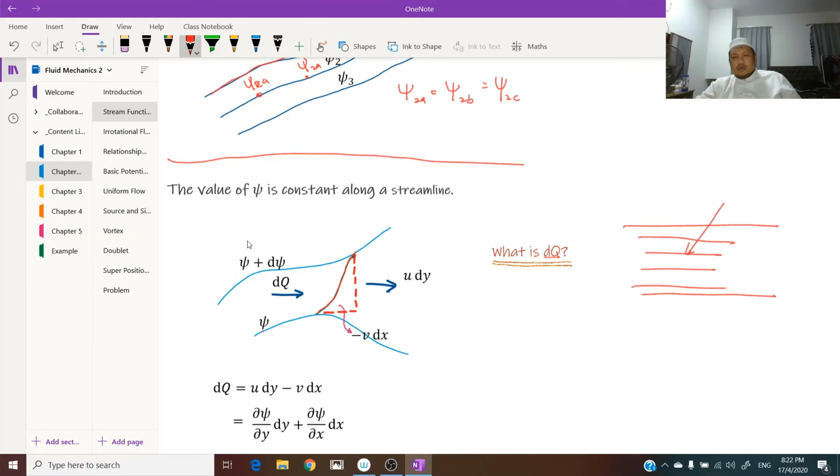So when the flow goes through, we call it dq. dq is the change of flow rate. We have one streamline here with psi, and then the next stream function or the next streamline. This is streamline SL1, SL2. In between SL1 and SL2, the flow goes through this area. So we have the dq.